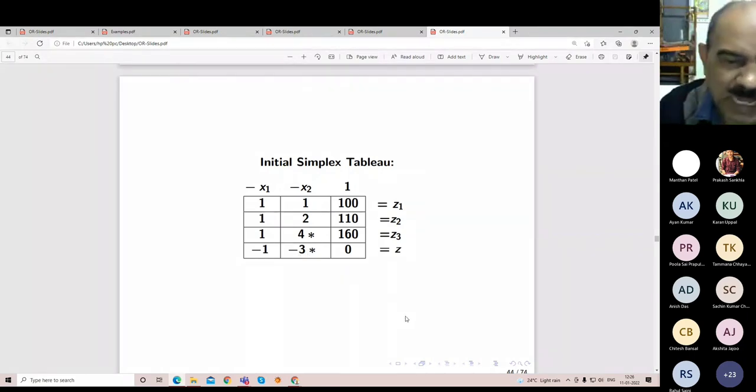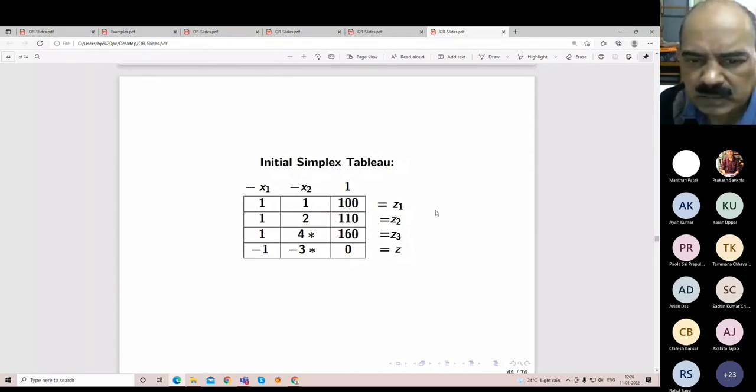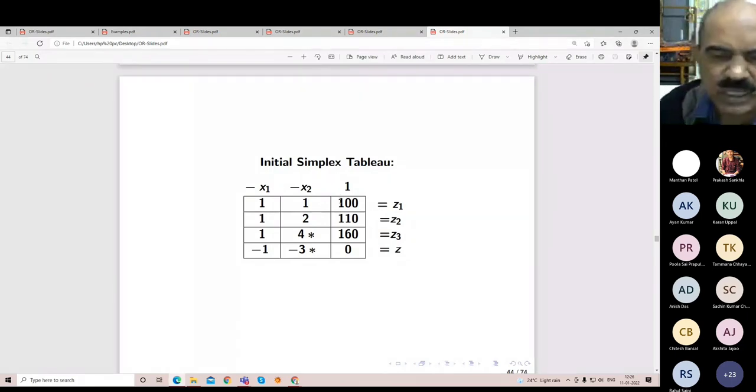So you can see how many elements you are dealing with. 4 into 3, 12 elements. There, 6 into 4, 24 elements. So the number of computations here is 12, there it will be 24.